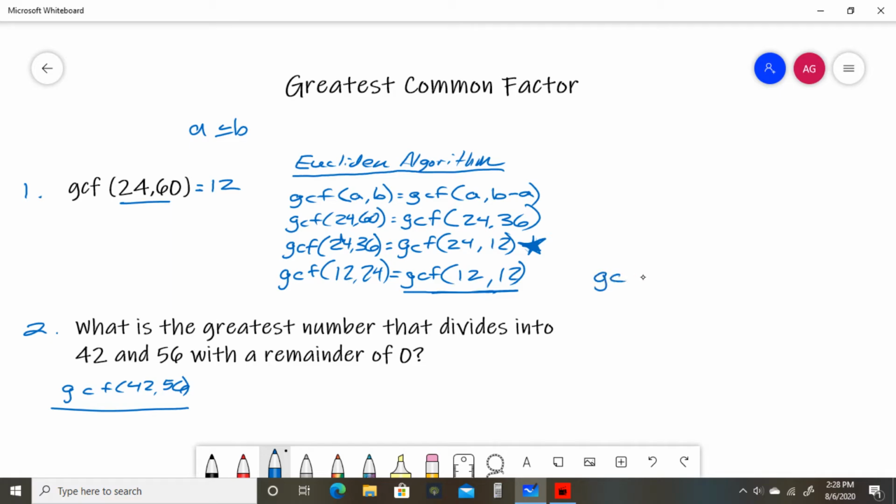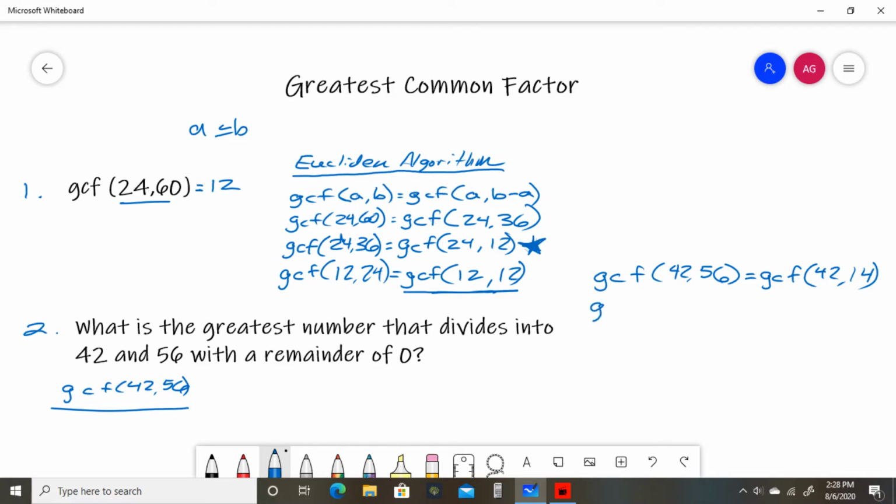So we want to find the GCF of 42 and 56, which according to the Euclidean algorithm will be equivalent to the GCF of 42 and 56 minus 42, or 14. Once you get to this point, it's a little bit clearer than what we have back here. But let's take it one more step.